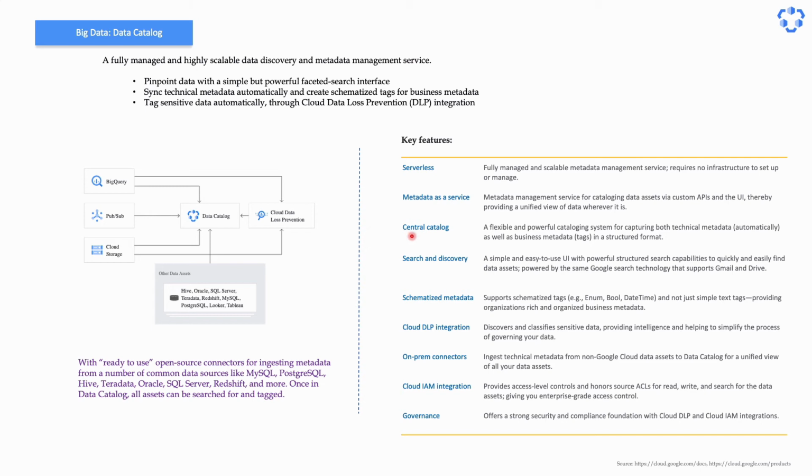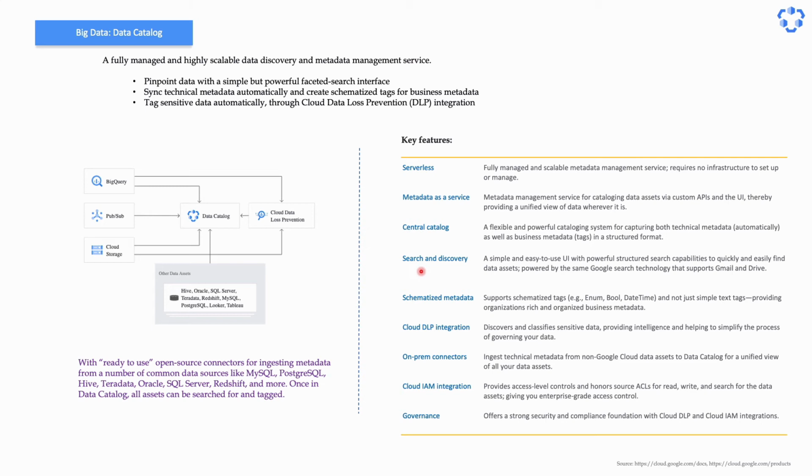It's a central catalog, a flexible and powerful cataloging system for capturing both technical metadata as well as business metadata. Search and discovery, a simple and easy to use UI with powerful structural search capabilities to quickly and easily find data assets, powered by the same Google search technology that supports Gmail and Drive.